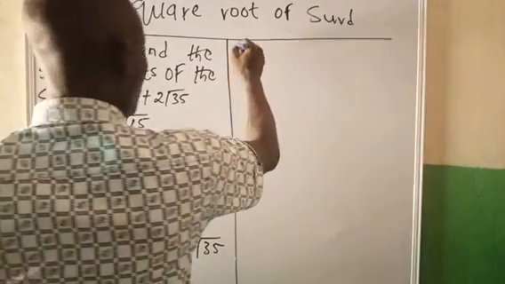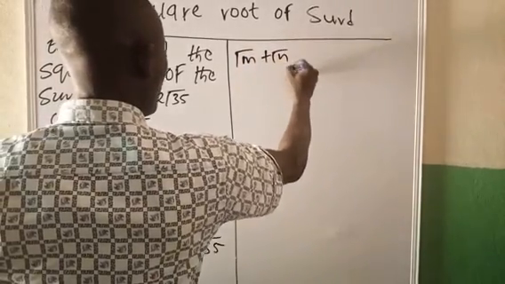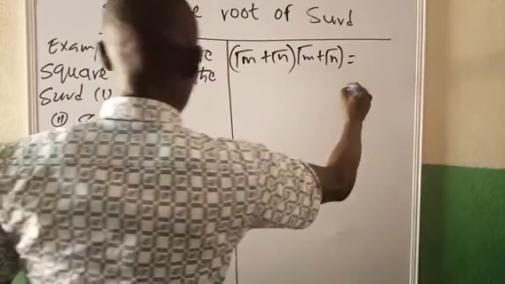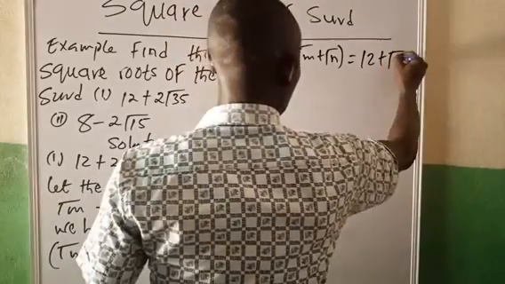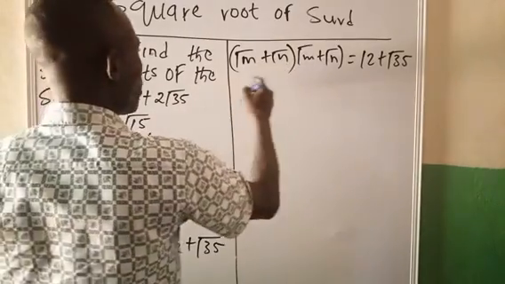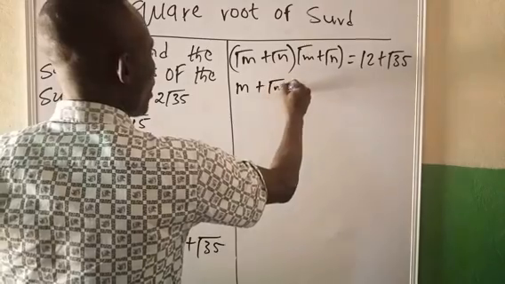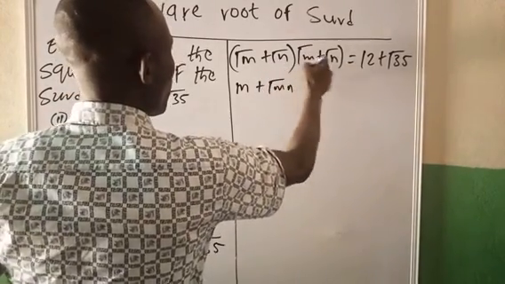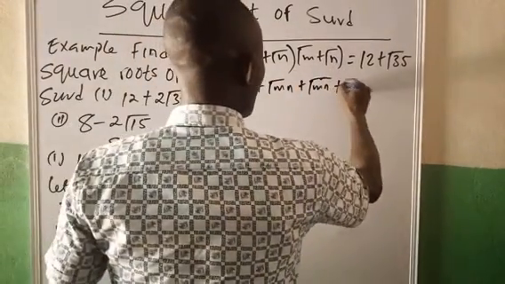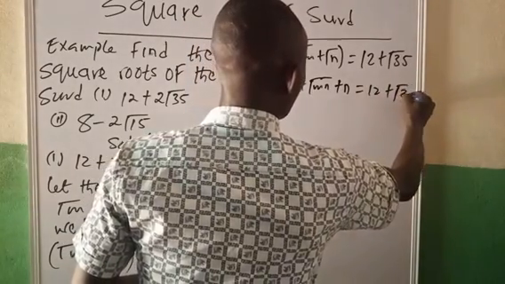So which implies that root m plus root n bracket root m plus root n will be equals to 12 plus 2 root 35. So if we open this bracket, root m times root m is m, plus root m times root n is root mn, root n times root m is root mn, root n times root n is what? Plus n, equals to 12 plus 2 root 35.